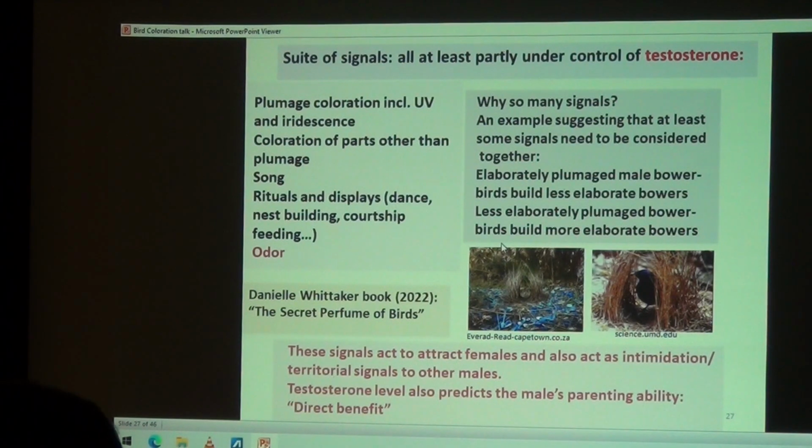Now, odor has been postulated to have a number of signaling roles, so it seems really bizarre that a bird would co-opt a bacterially produced odor to use as a signal. It makes a little more sense if you know that these bacteria have to live on the bird's metabolites, which are excreted into and present in the preen gland.